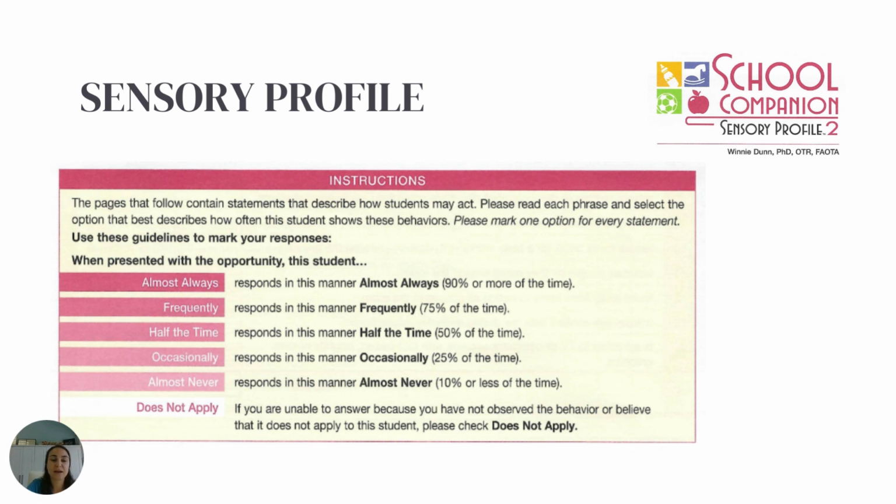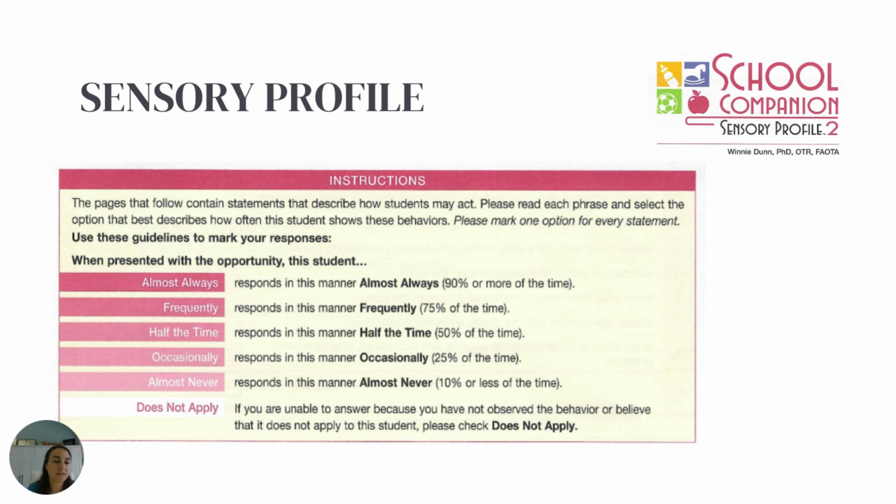All right, so the sensory profile consists of different subcategories for all the senses, and it's a rating questionnaire. So you'll rate either you always see the behavior, where it's 90% or more of the time. You frequently see the behavior, which refers to 70% of the time.